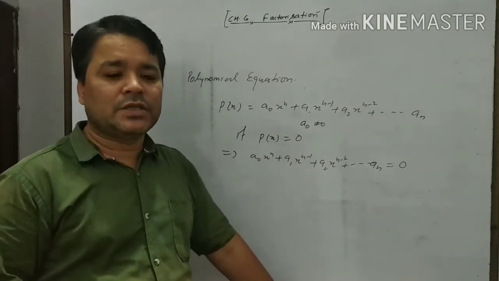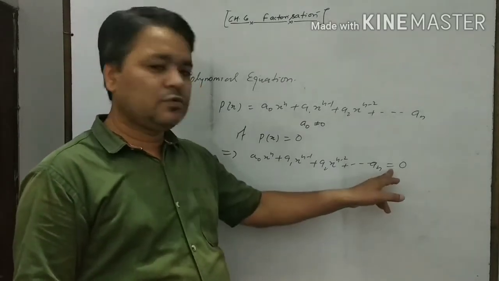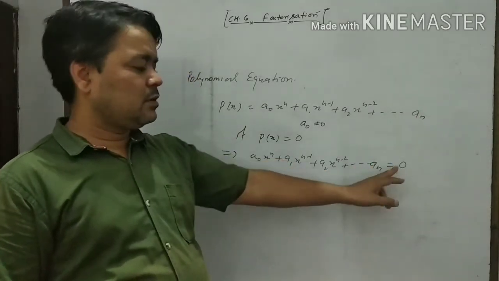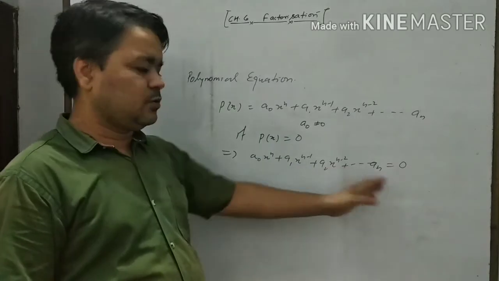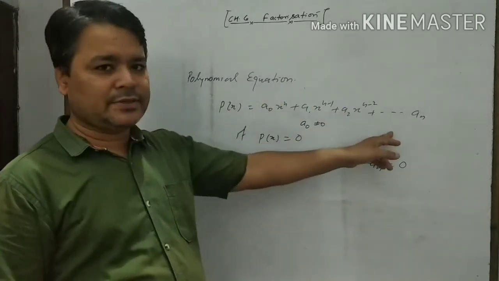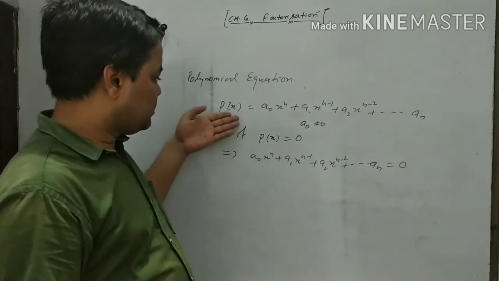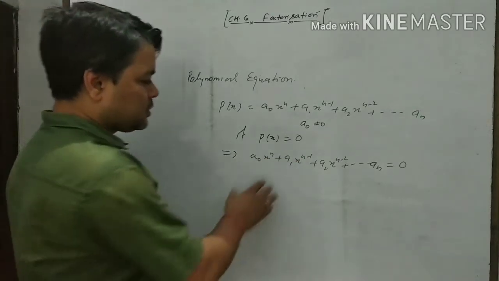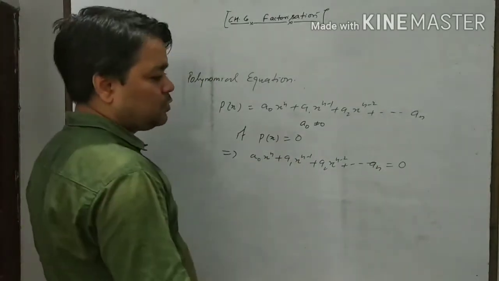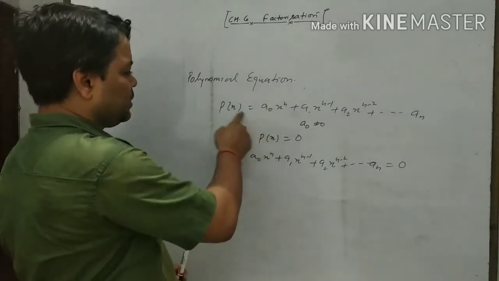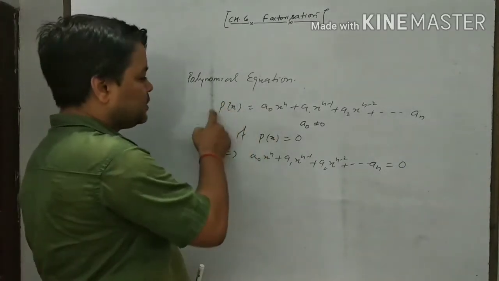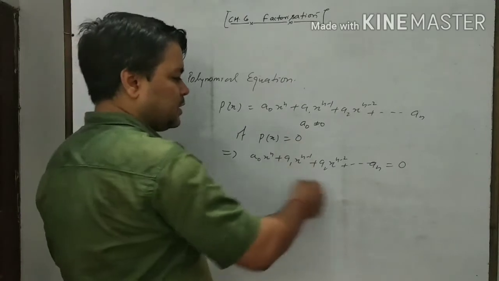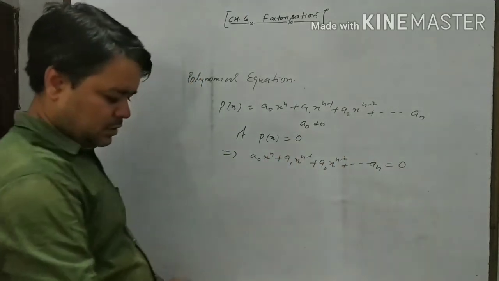What is equation and what is inequation? If there is an equal to condition, 0 or something, then it will be an equation. Here the expression represents a polynomial in variable x. This is the difference between polynomial and equation. An equation has equal to something, meaning a constant value like 0, 1, 2, 3, 4. But if the polynomial in variable x is 0, in that case it will be a polynomial equation.